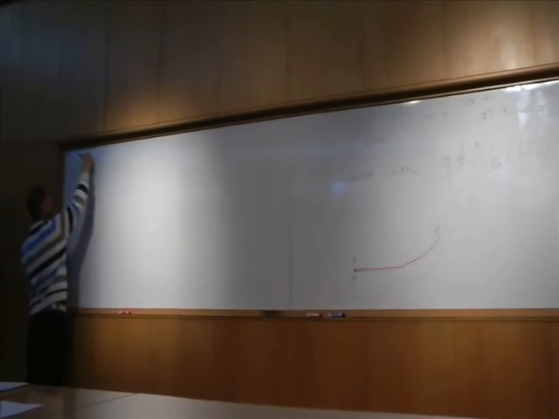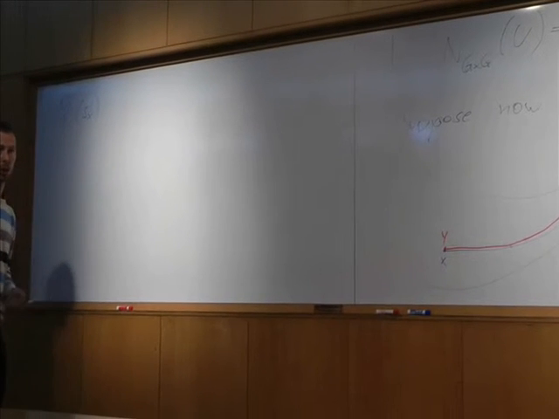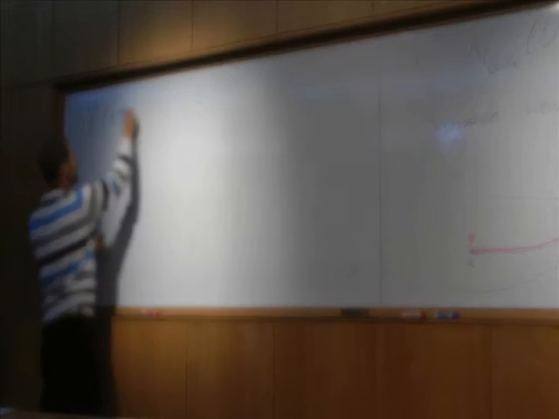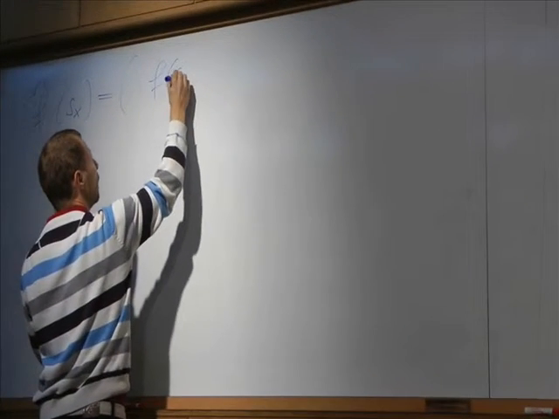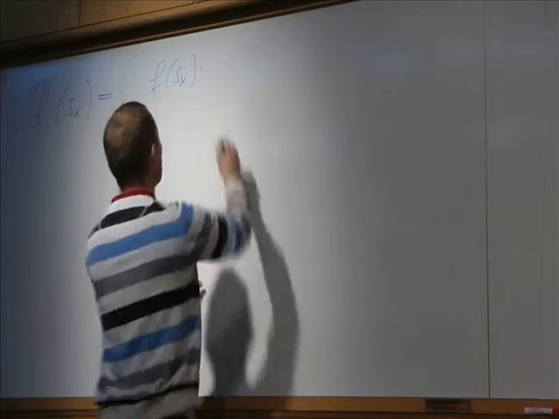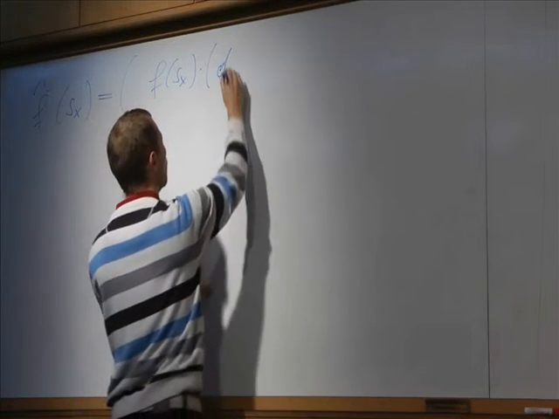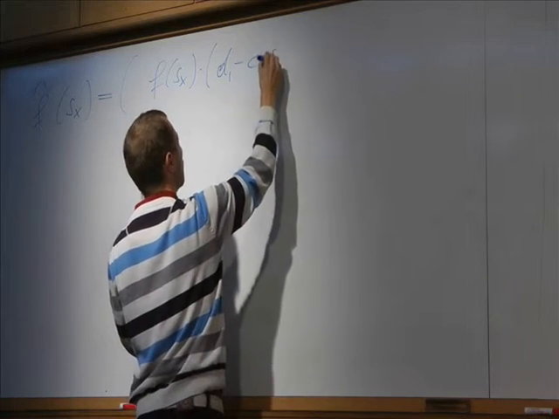And now let me just define a new thing, which I think is slightly nicer because it stays in a finite dimensional space, which is I take my f of Sx and multiply it with my denominator d1 minus c1 Sx.